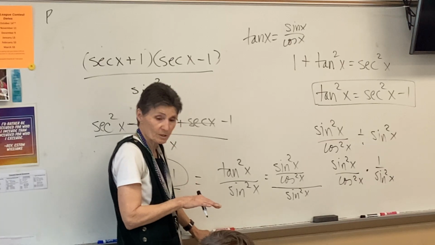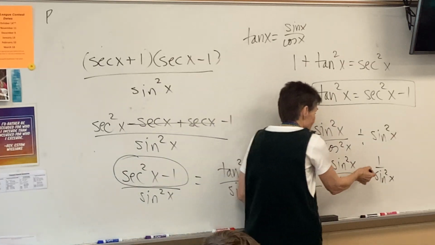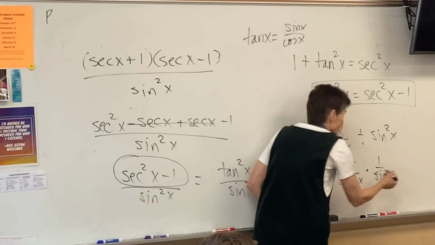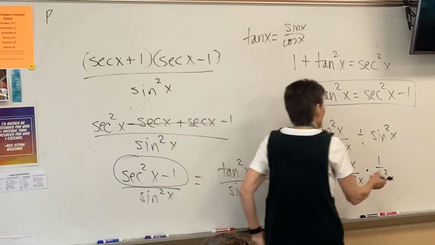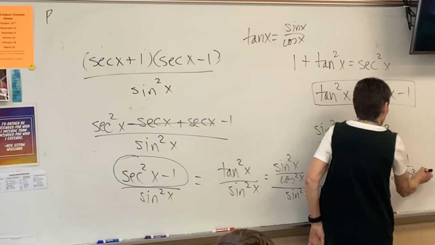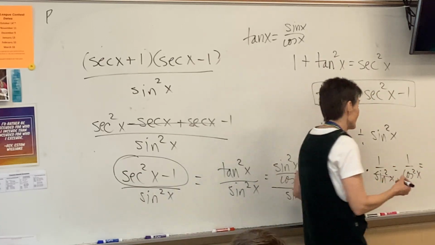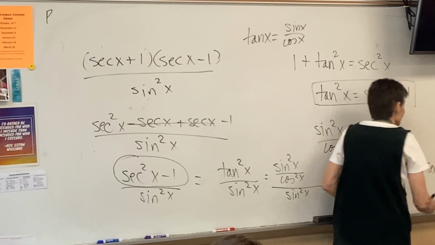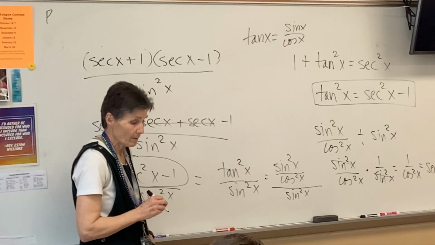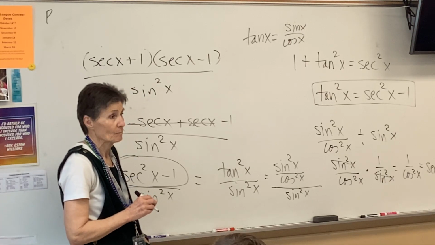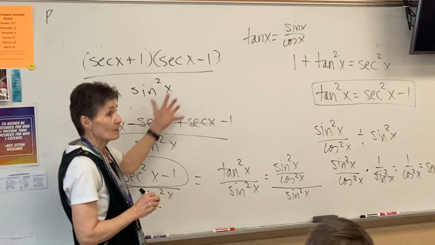Now I turn this into a multiplication. Don't those cancel? That leaves 1 over cosine squared, and 1 over cosine is secant. So your answer is secant squared. Your job was to simplify it, and that mess became secant squared.